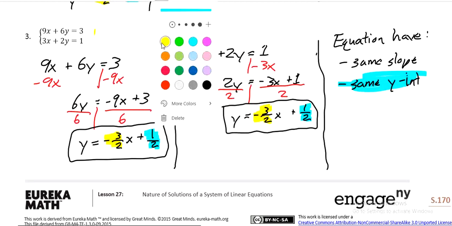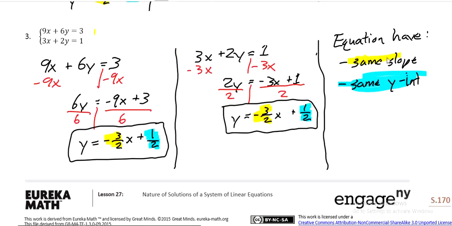When two equations have the same slope and the same y-intercept, we kind of learned this earlier, they're actually the same line, because the two things that make a line are its slope and its y-intercept. If you have the same of each, you have the same line.